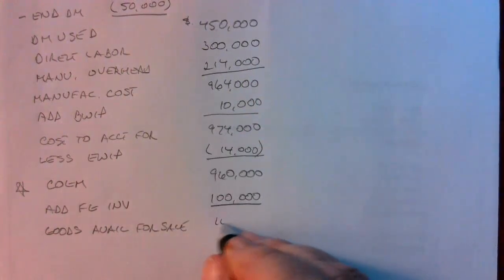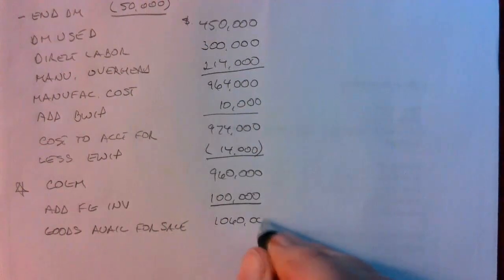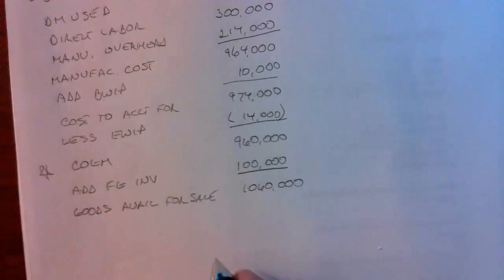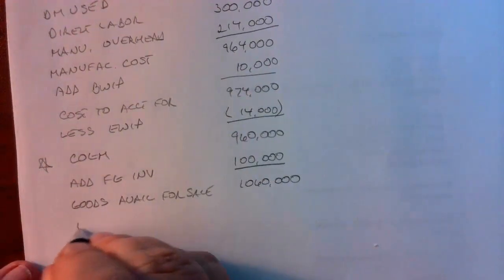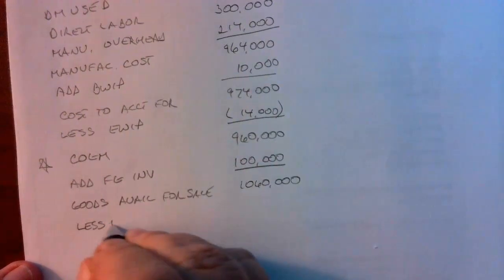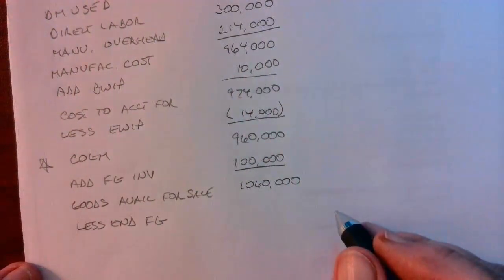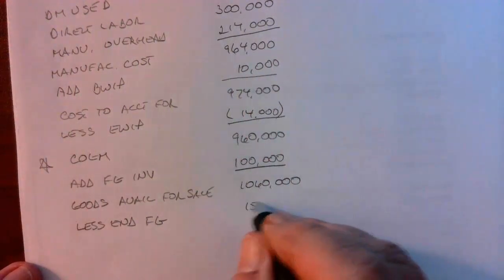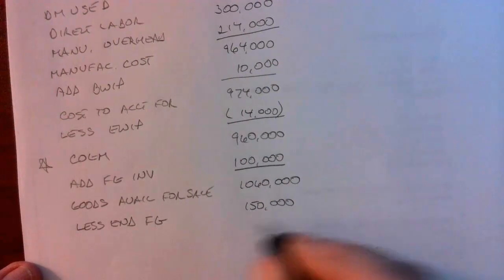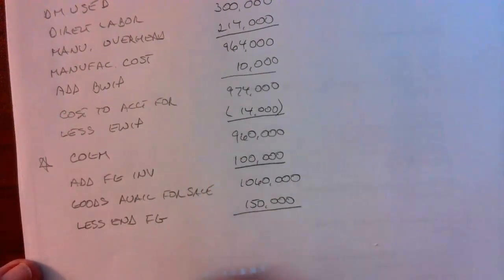That's 1060, less ending finished goods. And ending finished goods is 150,000. That gives us cost of goods sold.